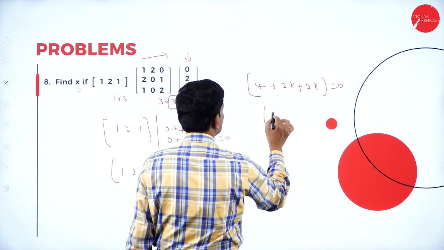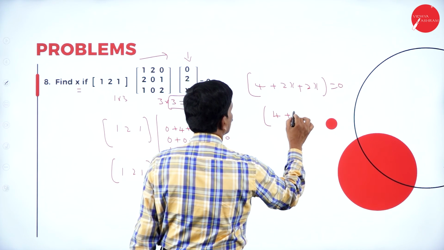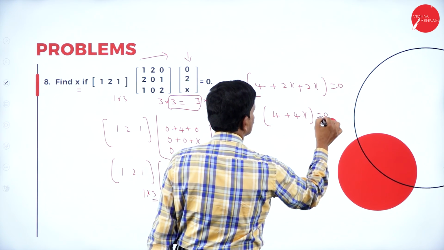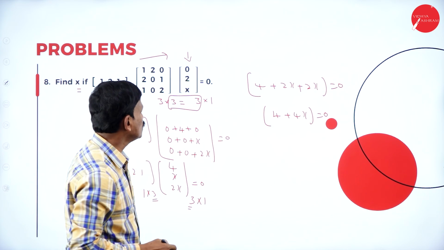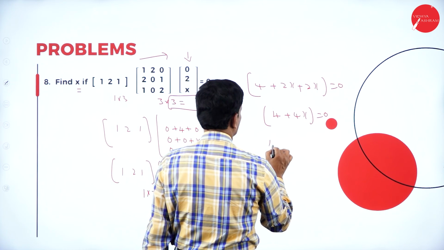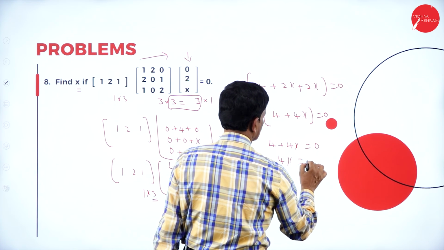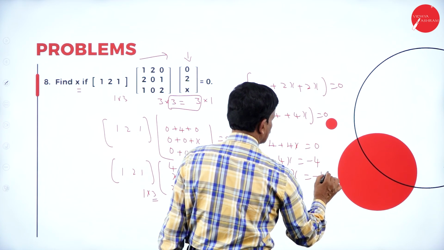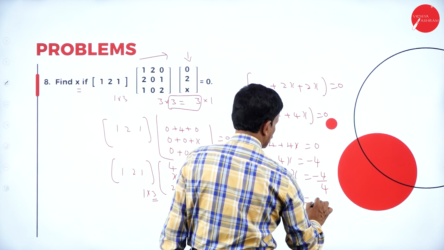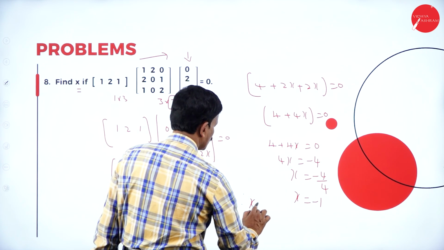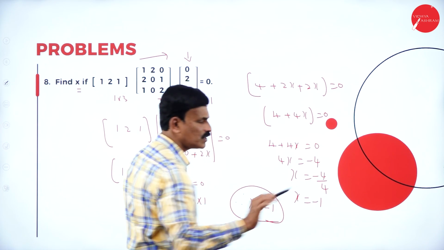That is 4 plus 4x is equal to 0. Now equate it: 4x is equal to minus 4, x is equal to minus 4 by 4, x is equal to minus 1. Therefore, x is equal to minus 1 is the value.